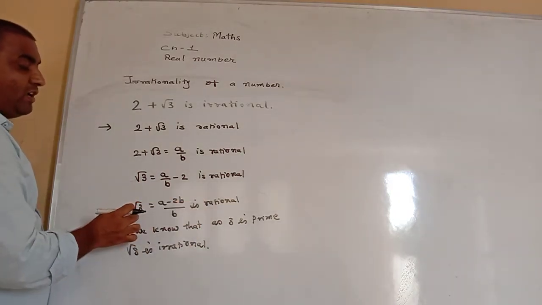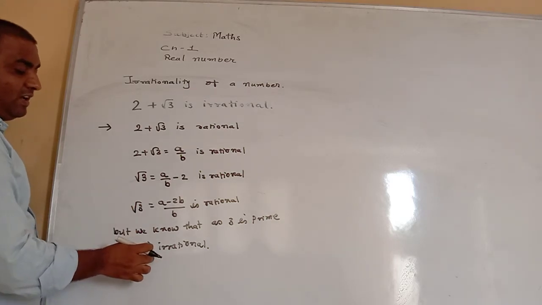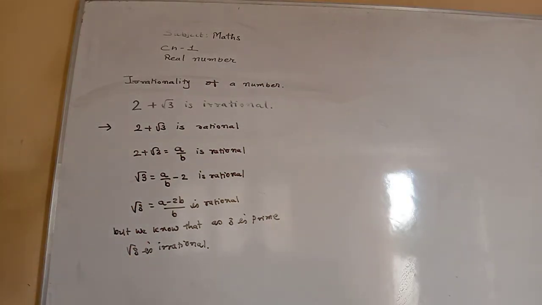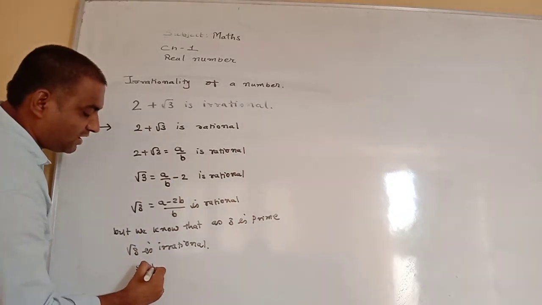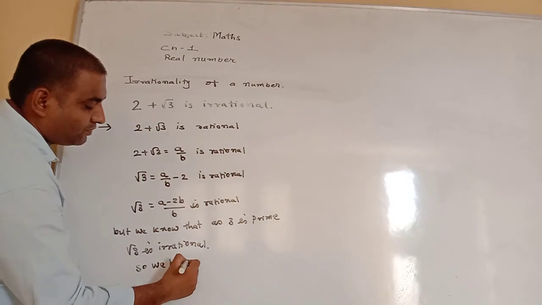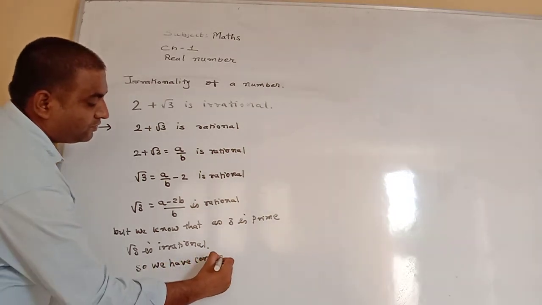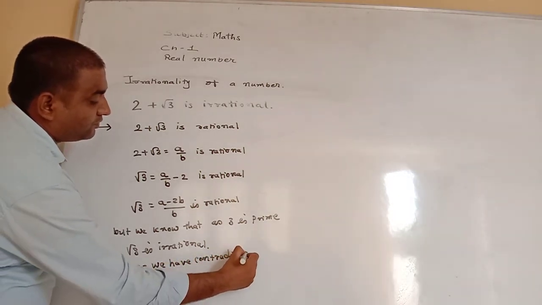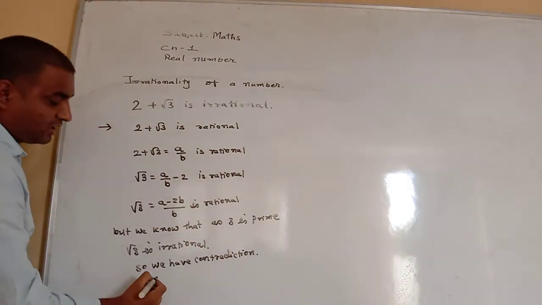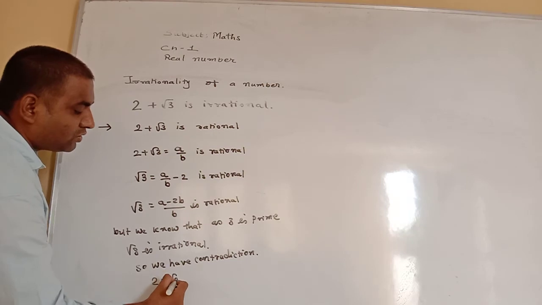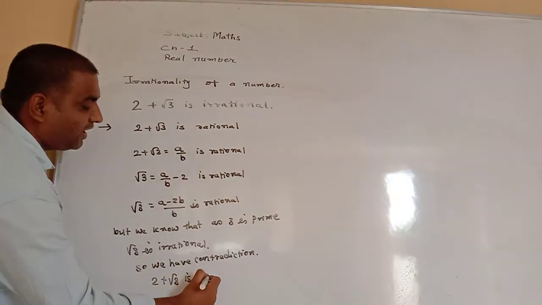Here we are writing root 3 is rational, and here we know according to the result 3 is prime, so root 3 is irrational, and so our assumption is wrong. So we have a contradiction. And so whatever assumption is there, that is wrong, and so 2 plus root 3 is irrational.